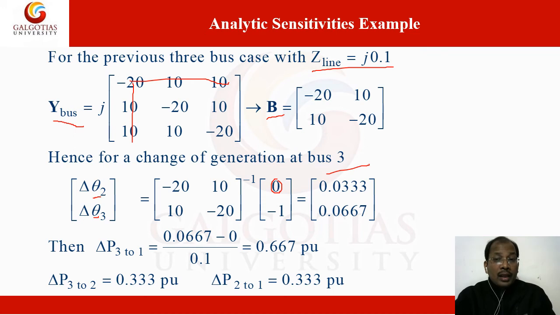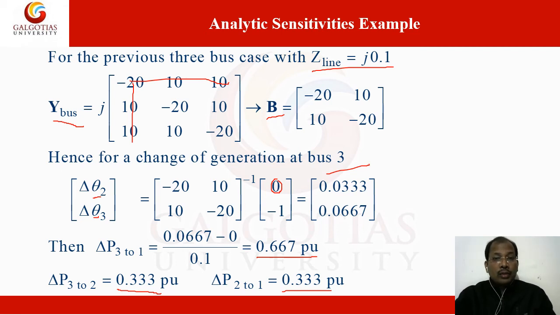For the change in power at bus number 3 to 1, we get these terms divided by 0.1, which is the reactance value. So we get this in per unit. From del P bus 3 to 2 we get this value, and del P 2 to 1 we get this much value. So this is the change in power.